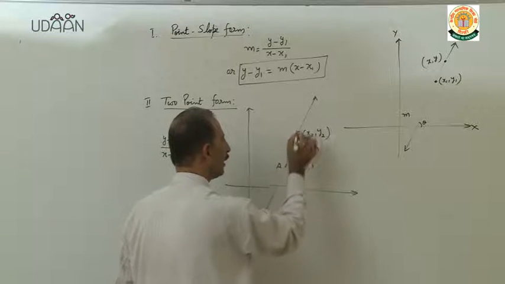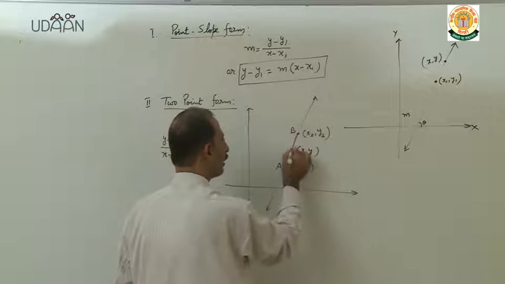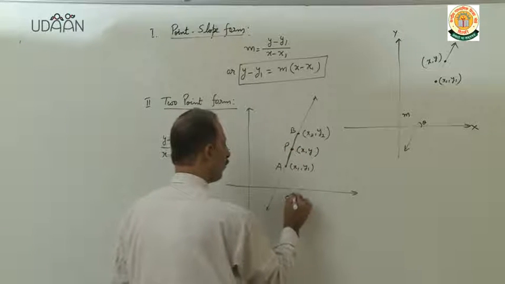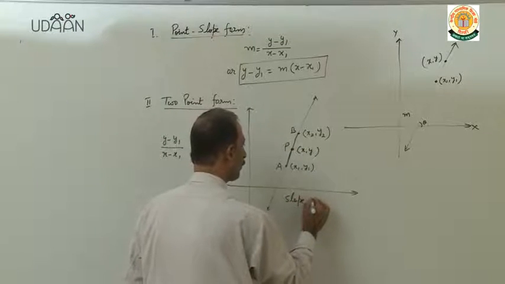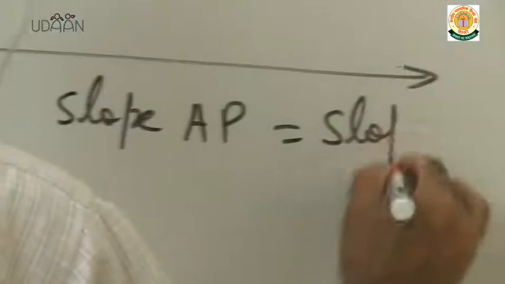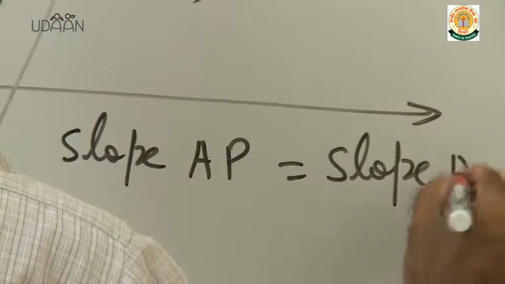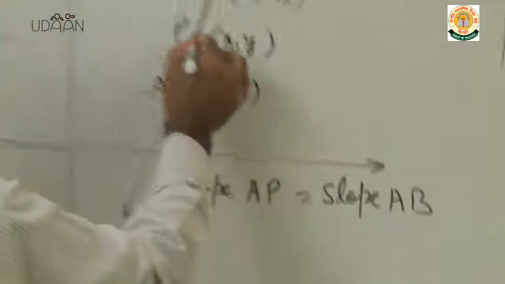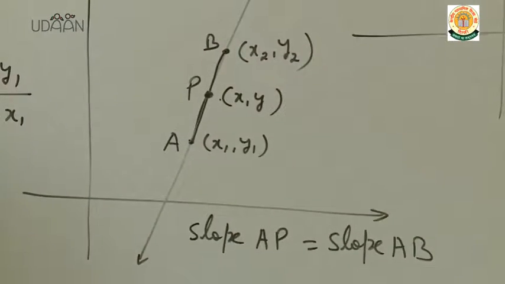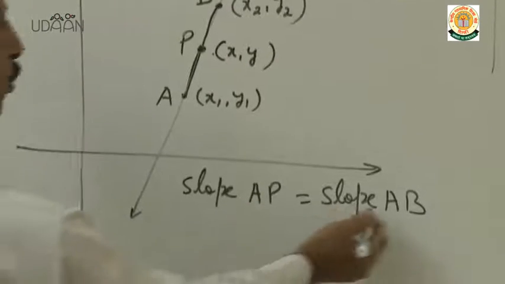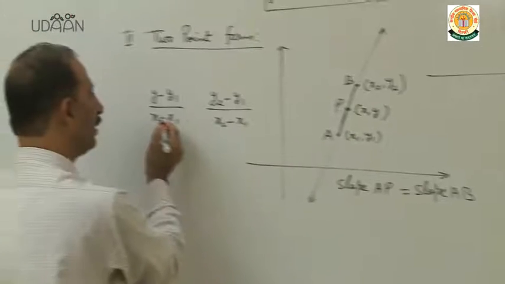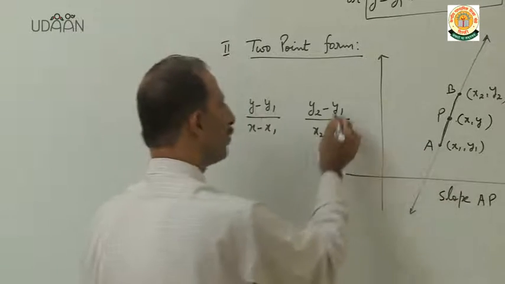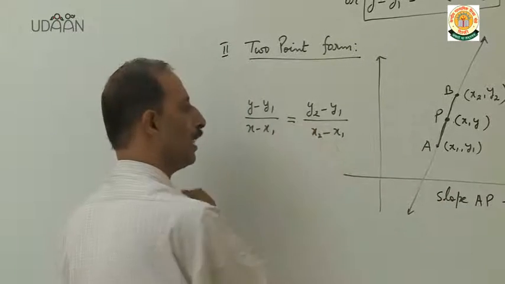Let us say this point A, this point B, and this is a general point on the line, say P. Then slope of the line AP is equal to slope of the line AB. Because these 3 points are collinear, lie on the same line, we can equate their slopes. Slope of AP is y minus y1 upon x minus x1, and slope of AB is y2 minus y1 upon x2 minus x1. Equate both.